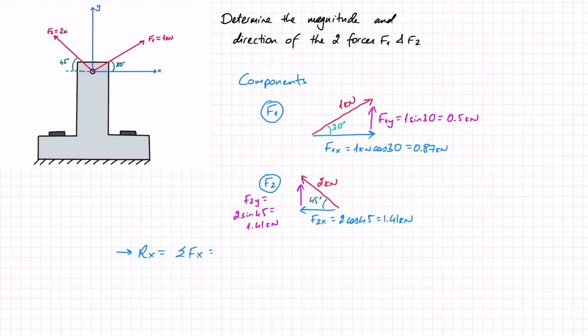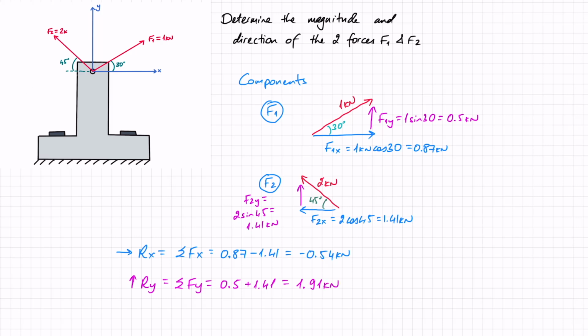In this case, I've got 0.87 from force F1 and minus 1.41 kilonewtons from force F2, and that gives me minus 0.54 kilonewtons. The y direction is very similar. I have to sum up all my forces in y. In this case, both of them in the positive y direction, so I have 0.5 from force F1 plus 1.41 from force F2, and that gives me 1.91 kilonewtons for the resultant.